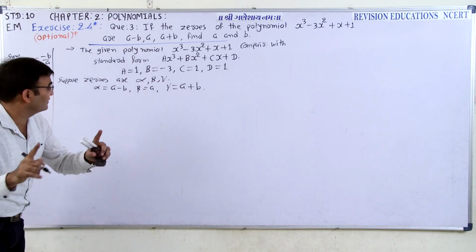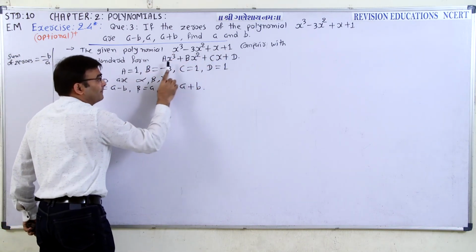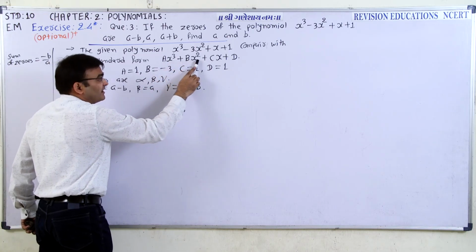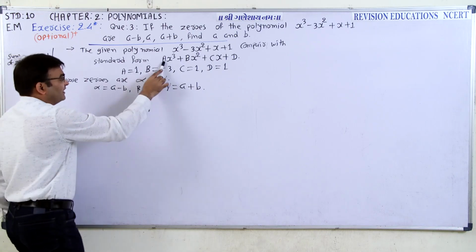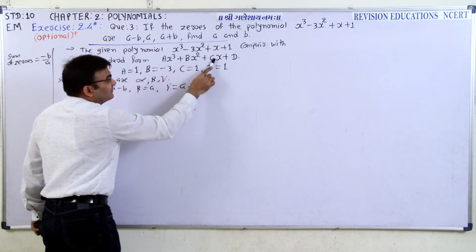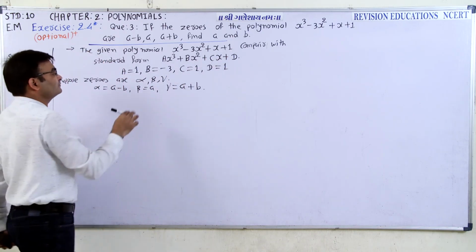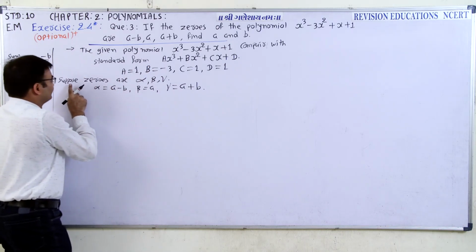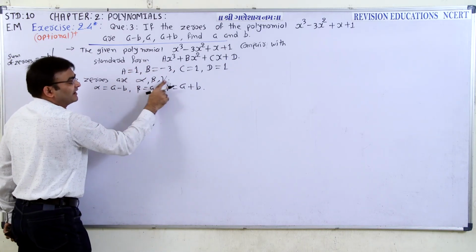Once again friends, understand it. This cubic polynomial compared with Ax cube plus Bx square plus Cx plus D gives A is equal to 1, B is equal to minus 3, C is equal to 1 and D is equal to 1. Here suppose the zeros for the standard form are alpha, beta, gamma.